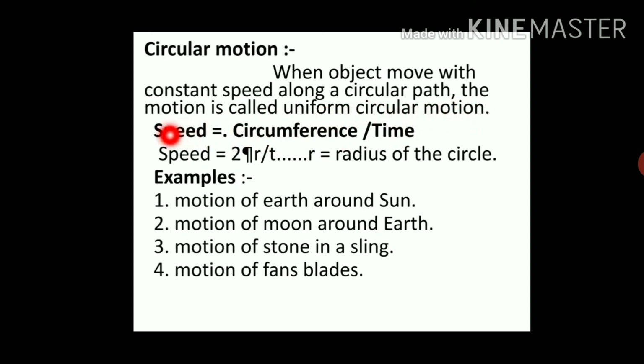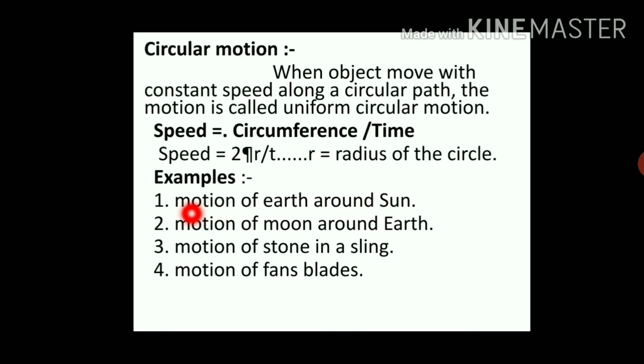The speed of an object in circular motion is given by the circumference of the circular path divided by time, and therefore speed is equal to 2 pi r upon t, where r is the radius of that circular path.